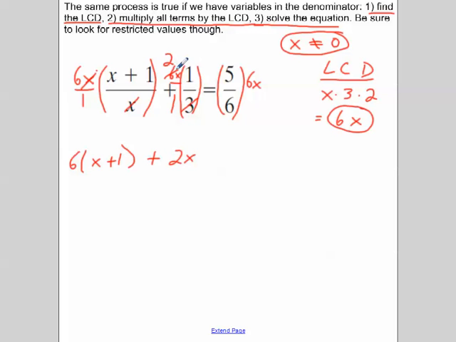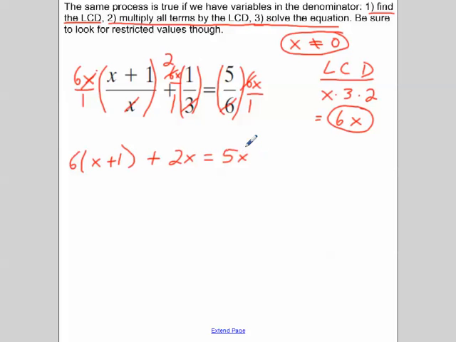The last term is equal to 5/6 times 6x over 1. 6 cancels with 6 because they are both factors, and what do we have left? 5x.